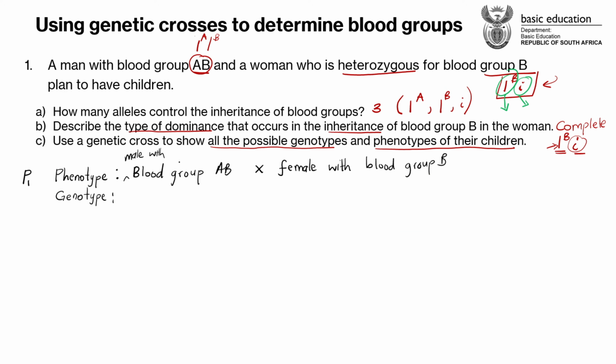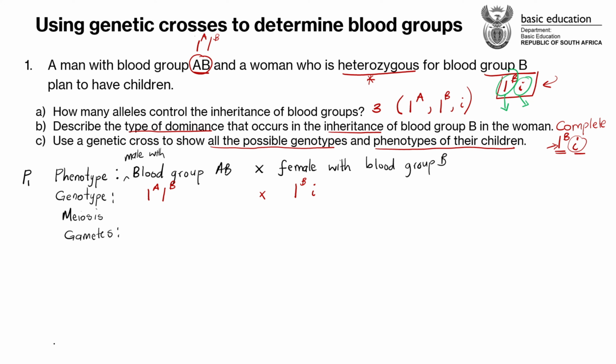So the genotype here will have to be I with a capital letter A, I with a capital letter B. We are crossing this with a female with blood group B. But then she is heterozygous, so it must be I with a B on top and then small letter i. She is heterozygous, one is dominant, one is recessive. And then after the genotype, what follows? There will be meiosis in each of them, and meiosis will lead to the formation of gametes.